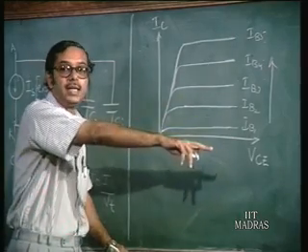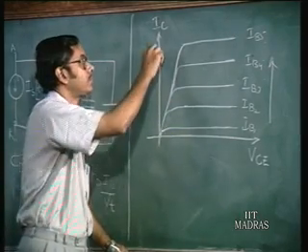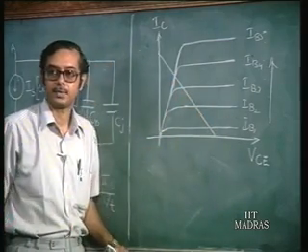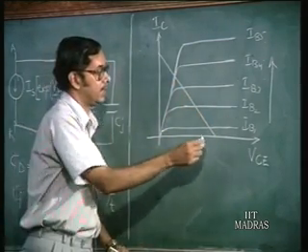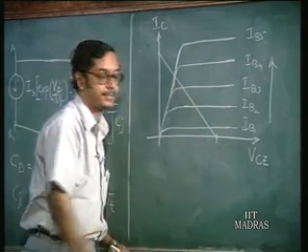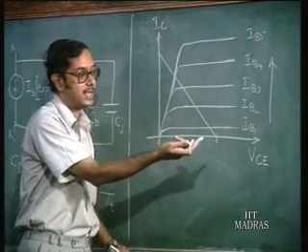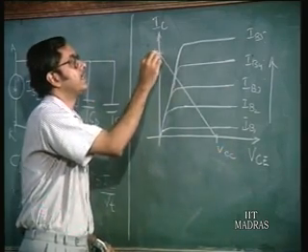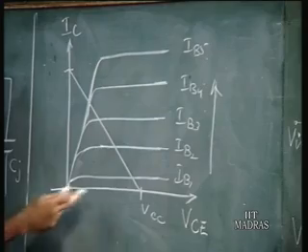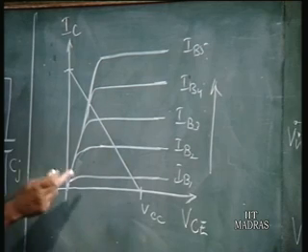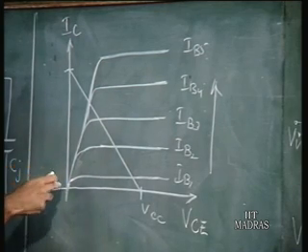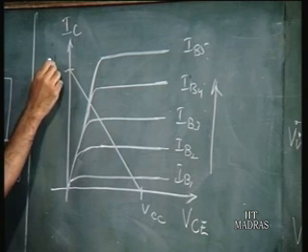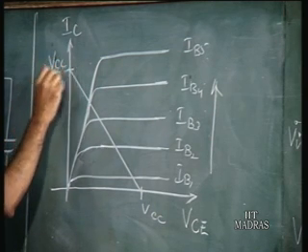This is obviously the equation of a straight line. So this point is when IC is equal to 0, VCE is equal to VCC, and this point is when VCE is equal to 0, from that equation IC is equal to VCC by RC, correct.